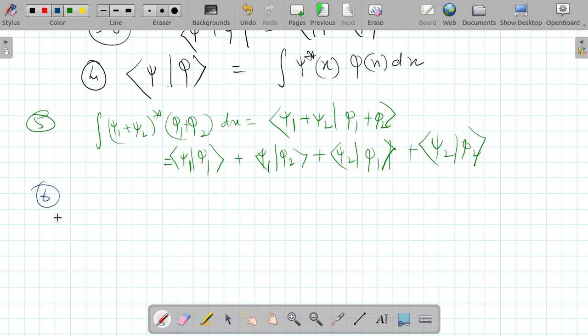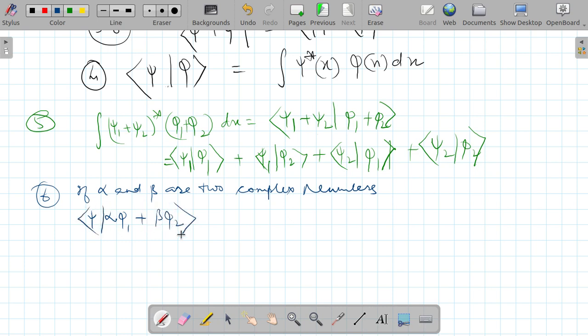Then if alpha and beta are two complex numbers, then psi alpha phi 1 plus beta phi 2, say this is the sum of two vectors taken in ket form, and some number is multiplied with these two vectors phi 1 and phi 2.